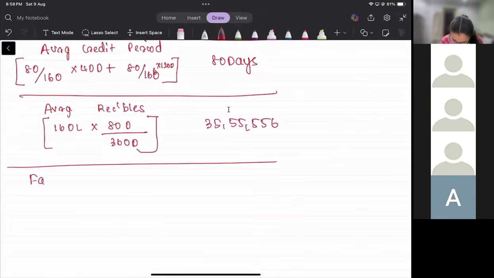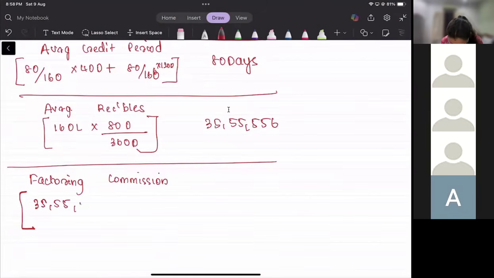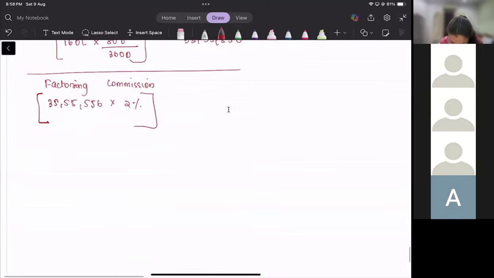Correct? Now, you got the average receivables. Now, please tell me what would be the factoring commission. It's given as 2%, right? So, 35 lakh 55,556 into 2%. And they have said in the question about a reserve of 10%.